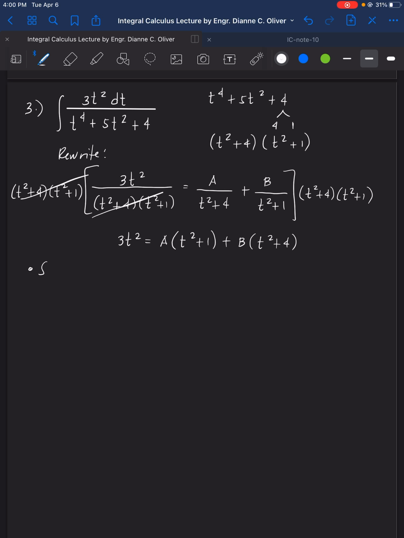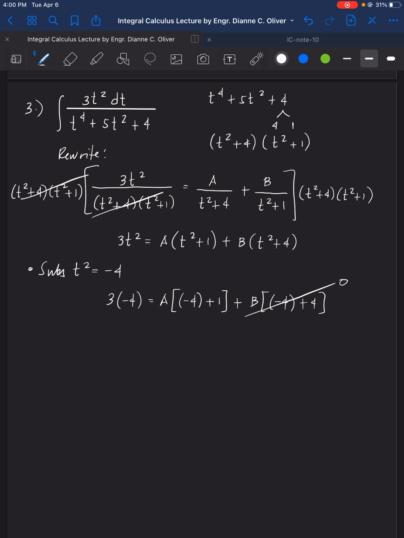Next, substitute t squared with what? So as to remove B, substitute t squared with negative 4. So we have here 3 times negative 4 is equal to A times negative 4 plus 1 plus B times negative 4 plus 4.